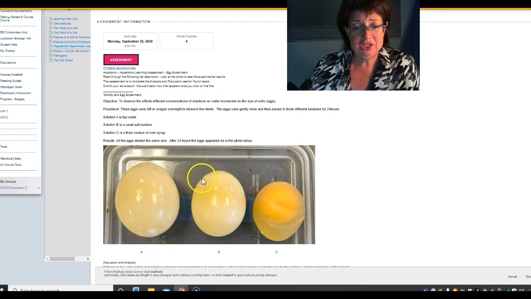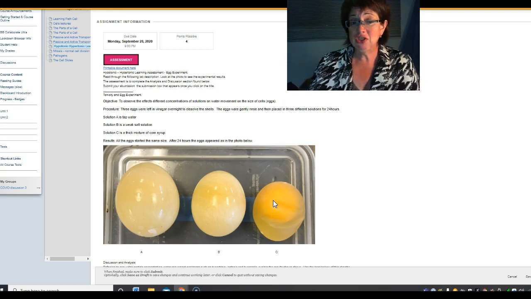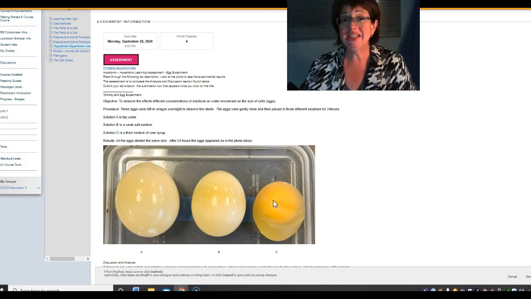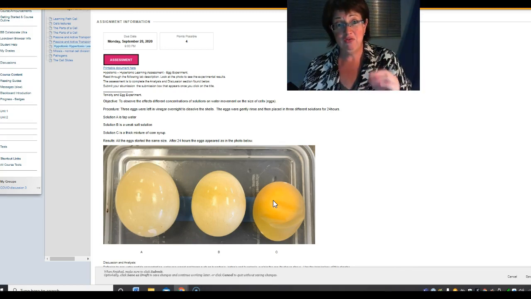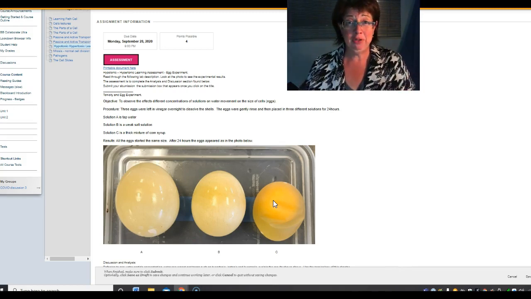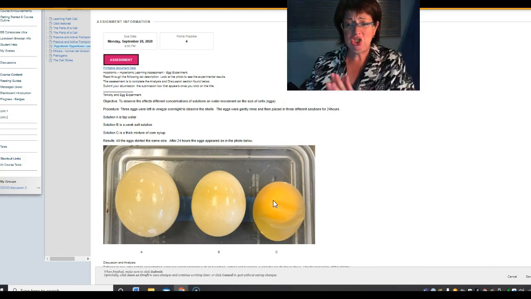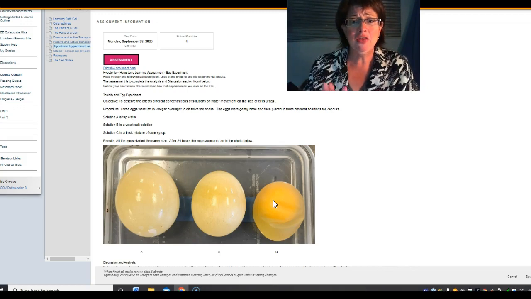Solution number 2 is a weak solution of salt, and solution number 3 is a very concentrated mixture of corn syrup. Now, you're assuming that the salt and the corn syrup are not allowed to move, or it's a semi-permeable or selectively permeable membrane. I want you to pay attention to why the water moved.